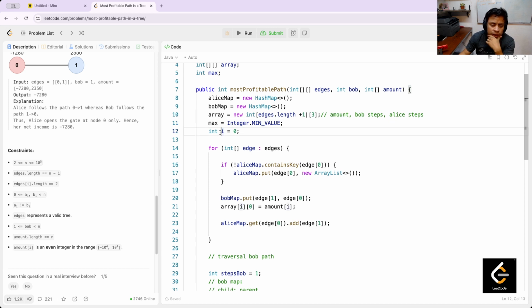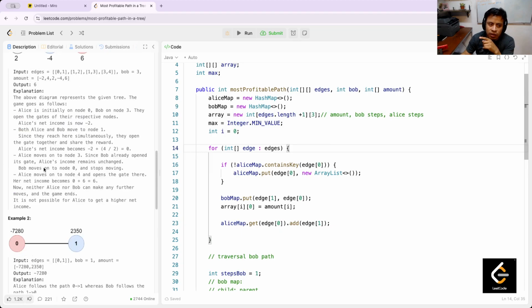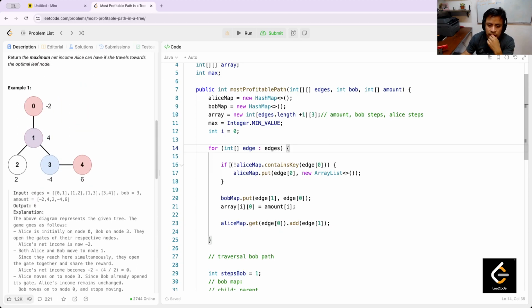Now I have this index. The first thing is I traverse all the edges to create the map. For Alice, where it's not contained, the edge 0, because it's between 0 and 1, 1 and 2, 1 and 3, 1 and 4.